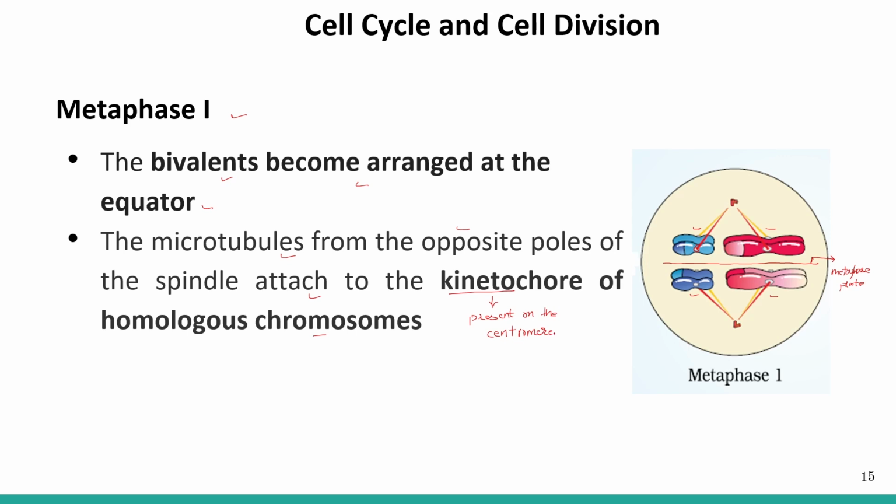Kinetochores are structures present on the centromere on which spindle fibers attach. So the spindle fibers attach on the kinetochore. If this is the chromosome, these two are kinetochores. This is a kinetochore which is present on the centromere, and the spindle fiber will attach here.